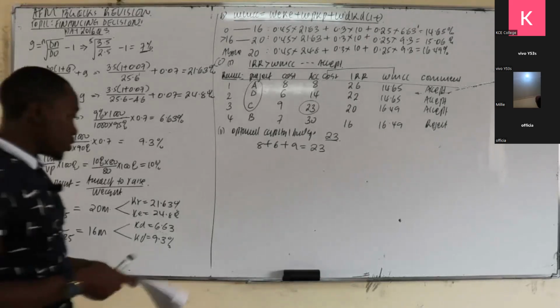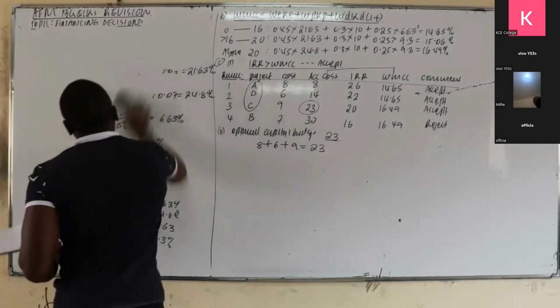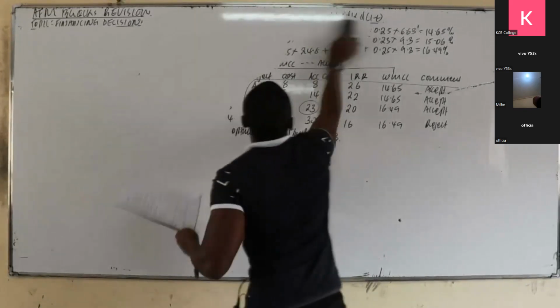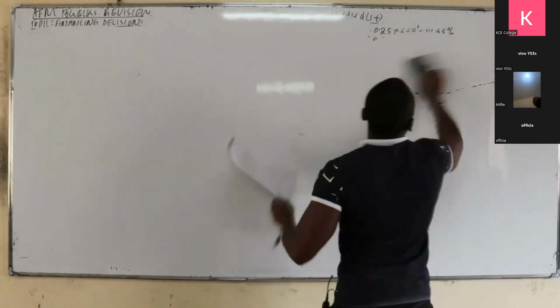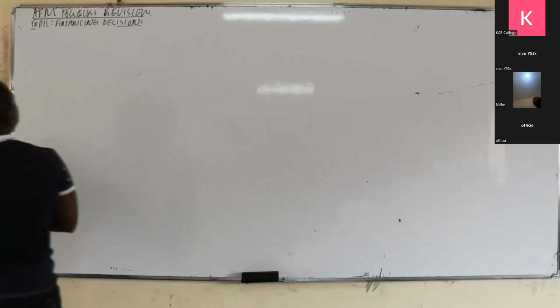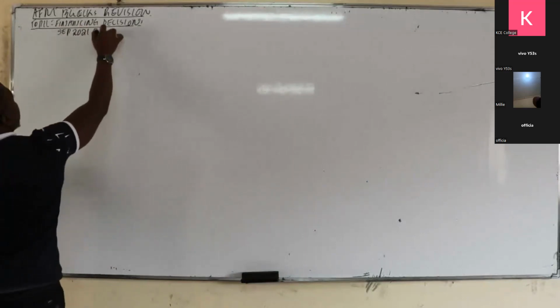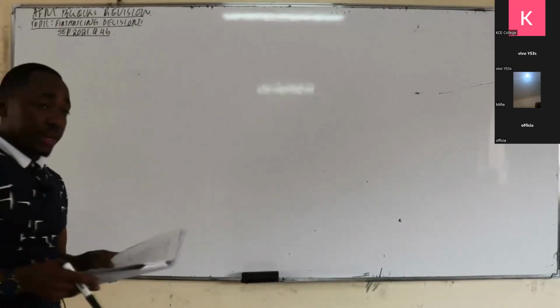September 2021, question 4B. Dinasoft Limited's capital structure, which is considered optimal, is given as follows.